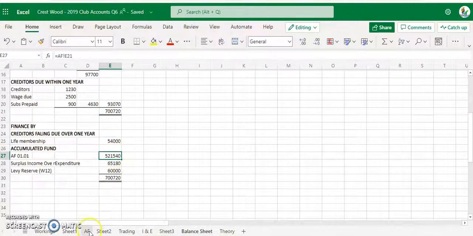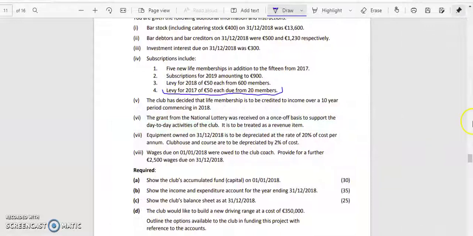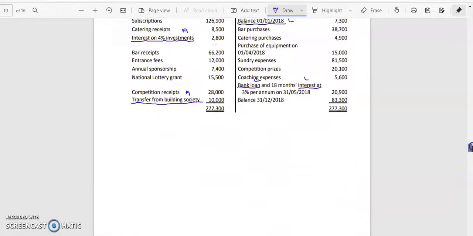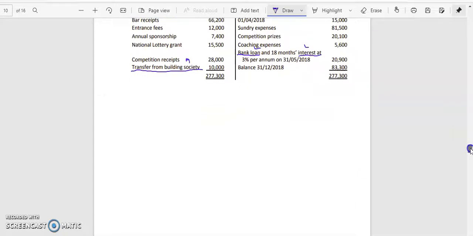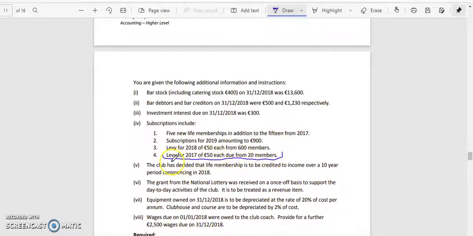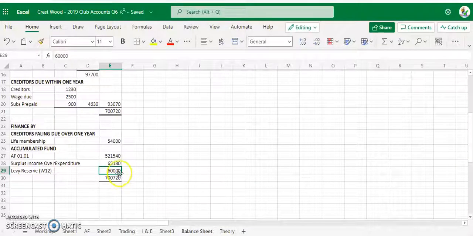Your accumulated fund then is coming from part A. Your surplus of income is coming from part B. And then this very last one, your levy reserve fund. So remember, in the question, we're going to have a levy reserve fund at the start here of 30,000. It's going to tell us we need a levy reserve then for 2018. So a levy for 2018, 50 by 600 gives us another 30,000. So our total levy is going to increase to 60,000.